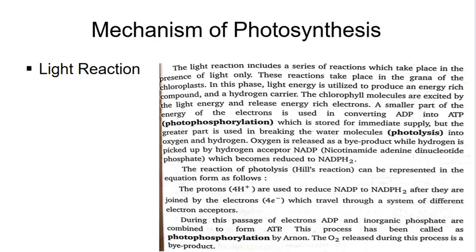During this passage of electrons, ADP and inorganic phosphate, ADP plus Pi, are combined to form ATP, and the process is called photophosphorylation, a term given by Arnon. Oxygen released during this process is a byproduct.